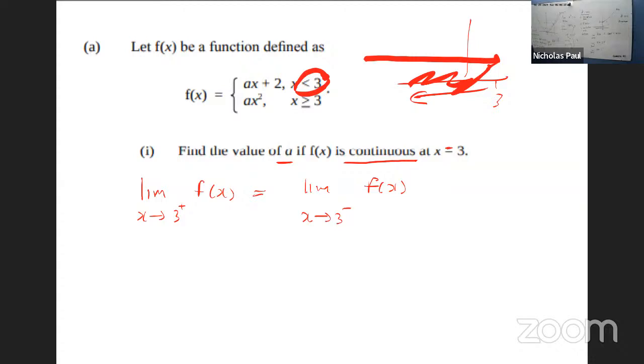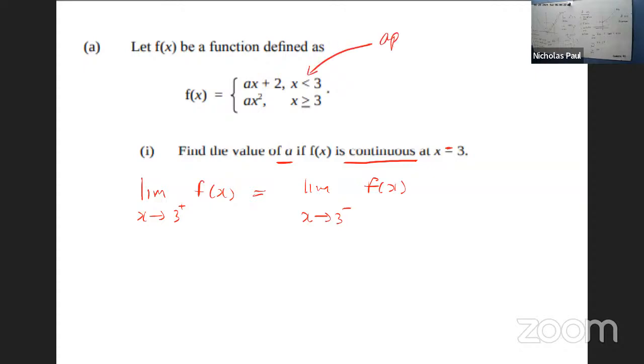When you're approaching from the right, you always use the more than function.